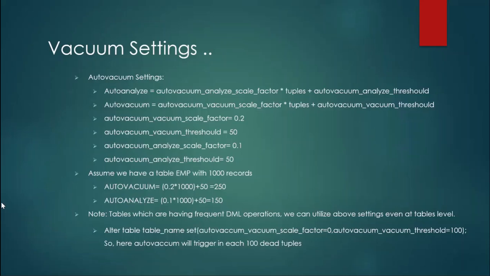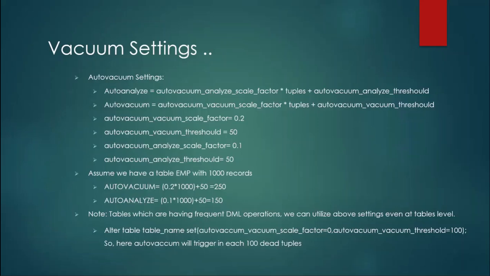Whenever the table satisfies this formula, the auto analyze operation will automatically trigger. For auto vacuuming, the formula is similar: vacuum scale factor times the number of tuples, plus auto vacuum threshold. The auto vacuum scale factor is 0.2 and the threshold is 50.